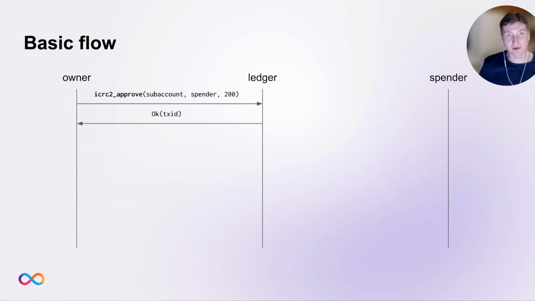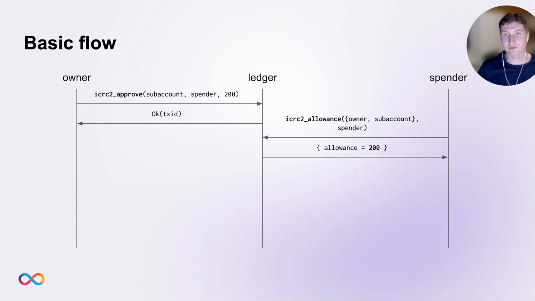And if all the things check out, so in this case, if the owner has enough funds to pay the fee for the approval, it doesn't have to have all the tokens. Actually, it doesn't have to have 200 tokens. Then the ledger says, yes, the transaction succeeded, here is your transaction ID, just as in the case of the other methods in the ICRC-1 standard.